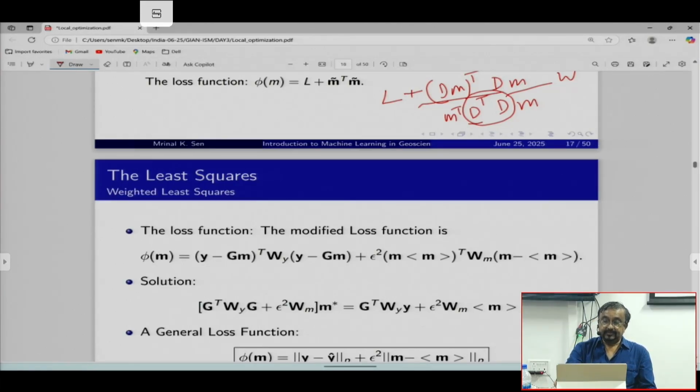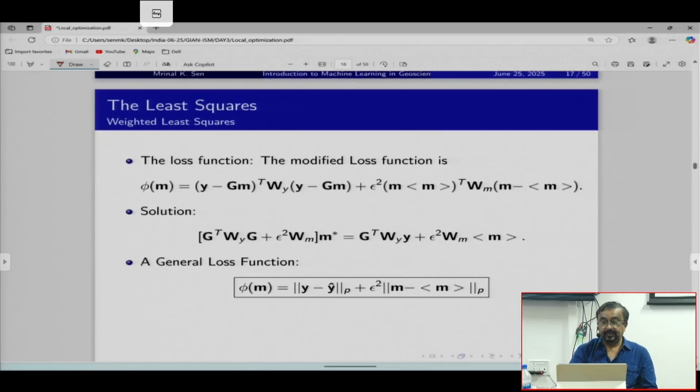Okay, so in general, you can have some weight on the data, and you can have some weight on the model. Okay? And you can get a least square solution also. So in general, you can have an Lp norm of data and an Lp norm of model.